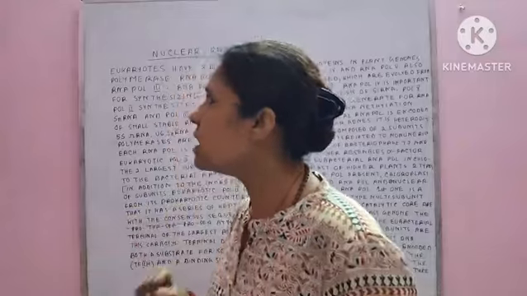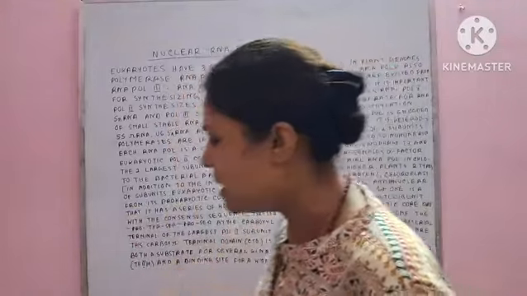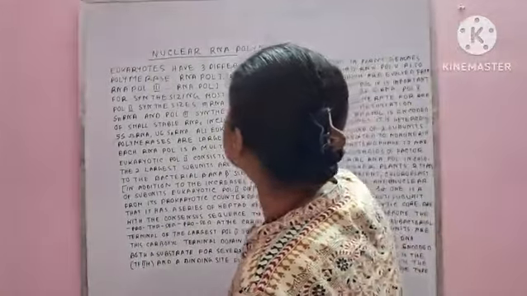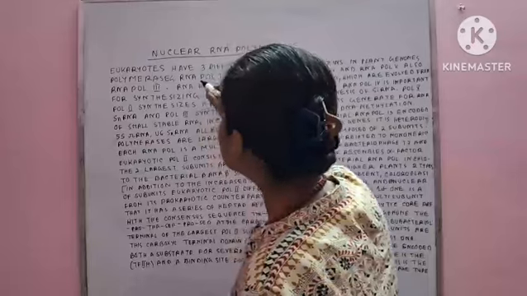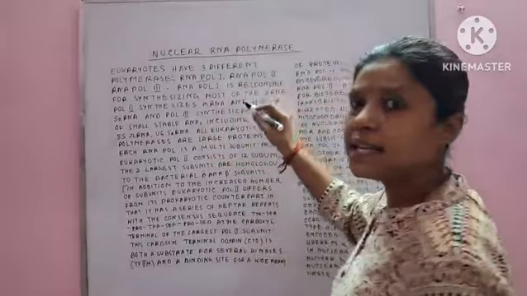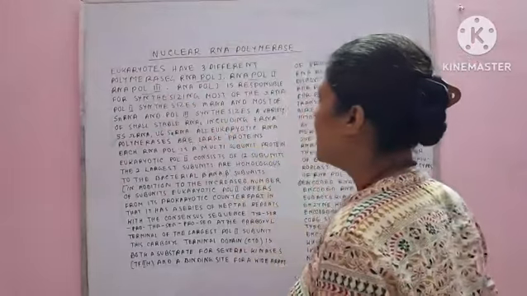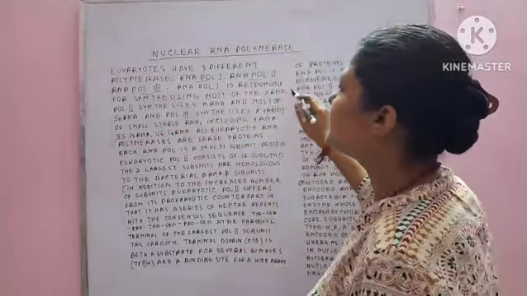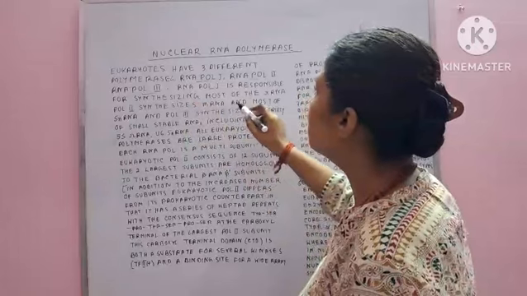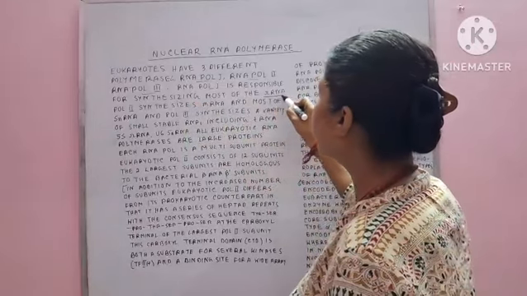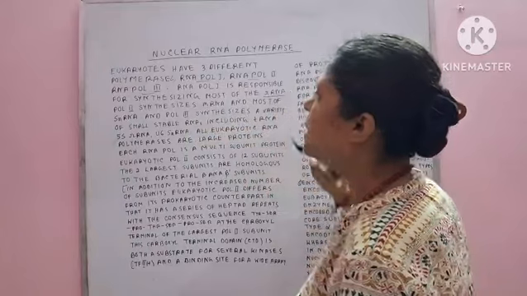Okay. So here the eukaryotes have three different polymerases. One is RNA Pol 1, second is RNA Pol 2, and third is RNA Pol 3. RNA Pol 1 is responsible for synthesizing most of the rRNA, the large rRNA.